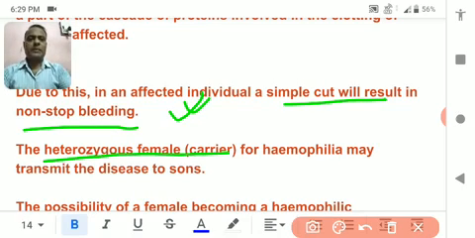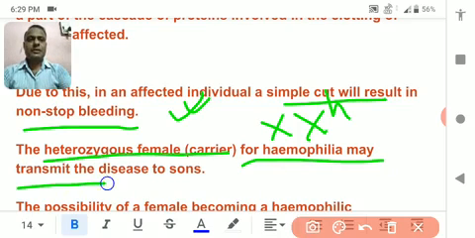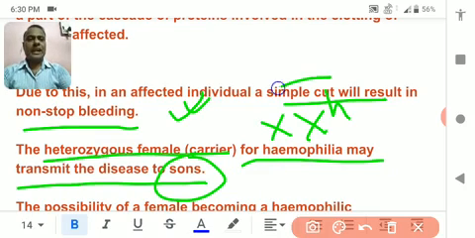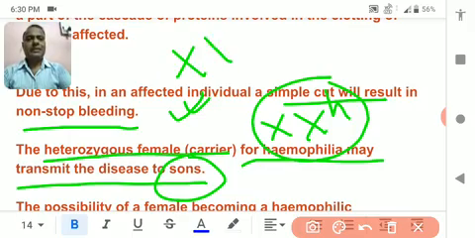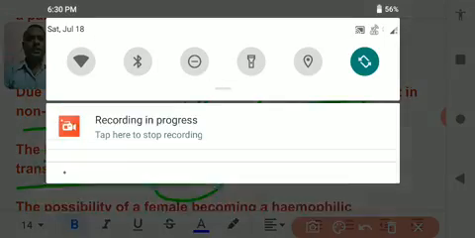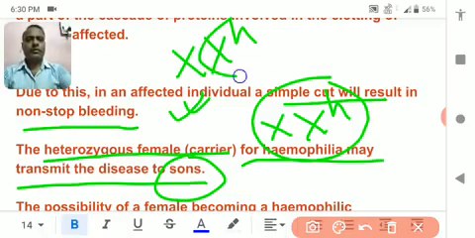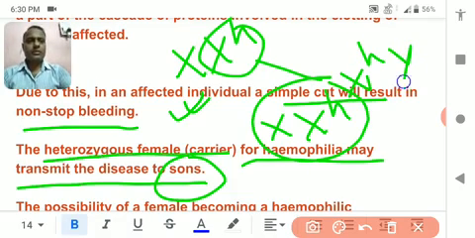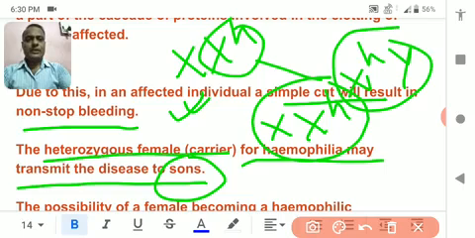The heterozygous female, that is X small h for hemophilia, transmits the disease to the son. So the heterozygous female, this X is transferred to the male, actually all the X that comes either in the male or female.